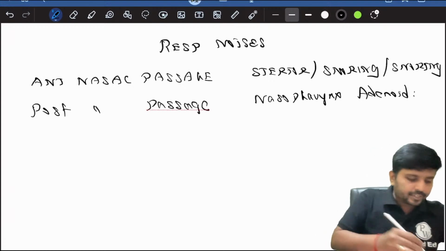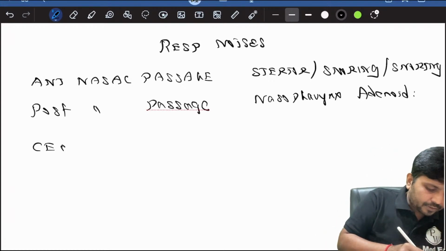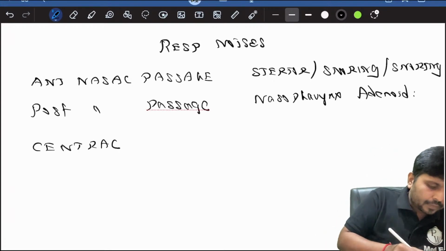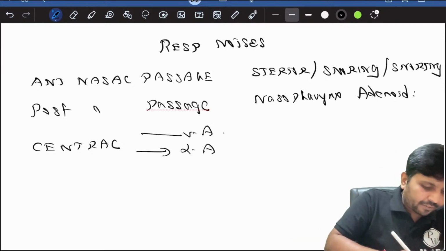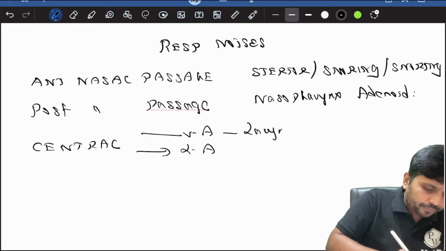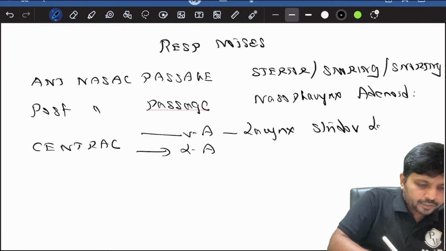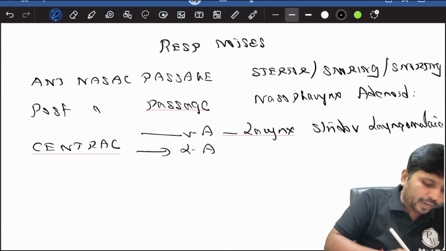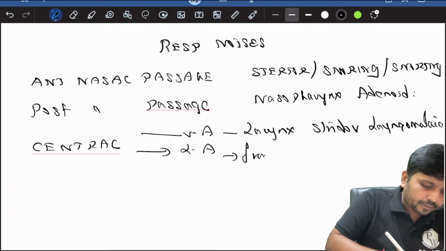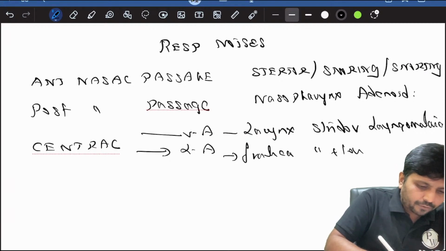And then you have central airways, central upper airway, central lower airway. Upper airway is larynx. You will get stridor. Most common cause is laryngomalacia. Whereas lower airway is trachea, and it produces stridor plus cough.